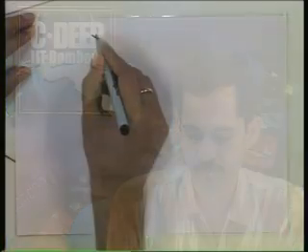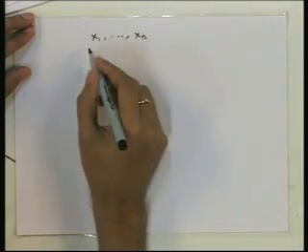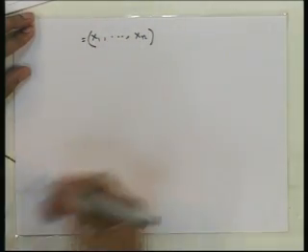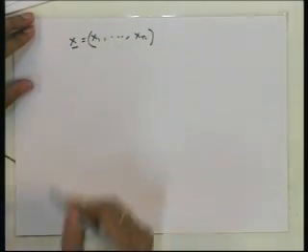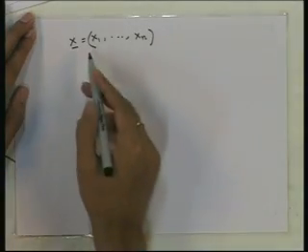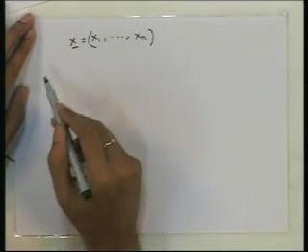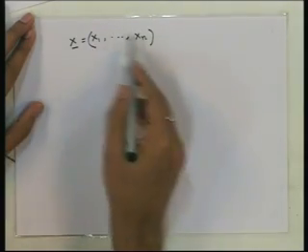So, we have a set of random variables x1 to xn, and just for notational simplicity, we will write them as a vector x. So, this is the vector of these random variables, and we take n number of functions of these vectors.